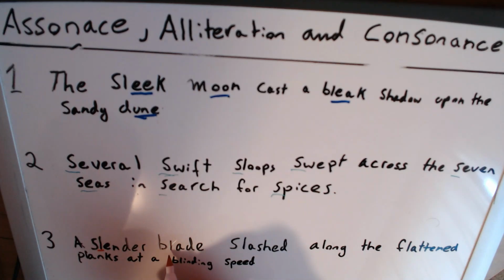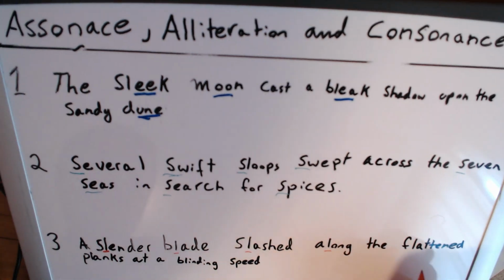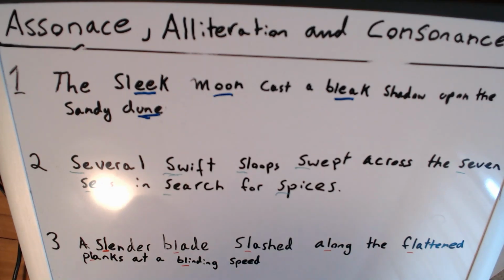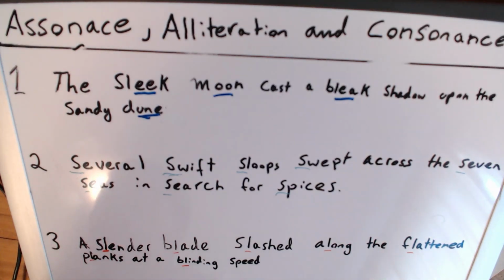The slender blade, slashed along the flattened planks at a blinding speed. So you see that's consonance, a consonant whose sound you can hear coming up again and again. It's a fun way to add to your work.